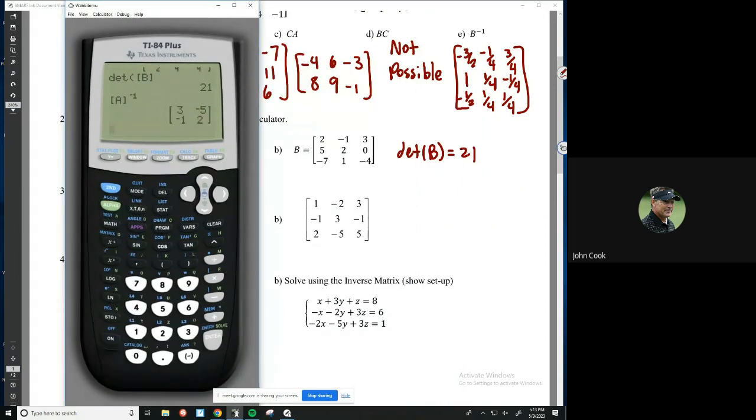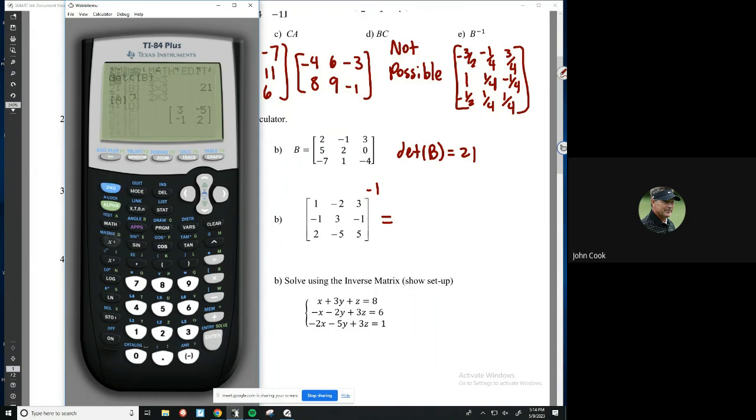All right, let's do the next matrix, matrix B. So its inverse is going to be equal to what? Let's find out. So second matrix, 3 by 3, and then we've got 1, -2, 3, then -1, 3, -1, and then 2, -5, 5.